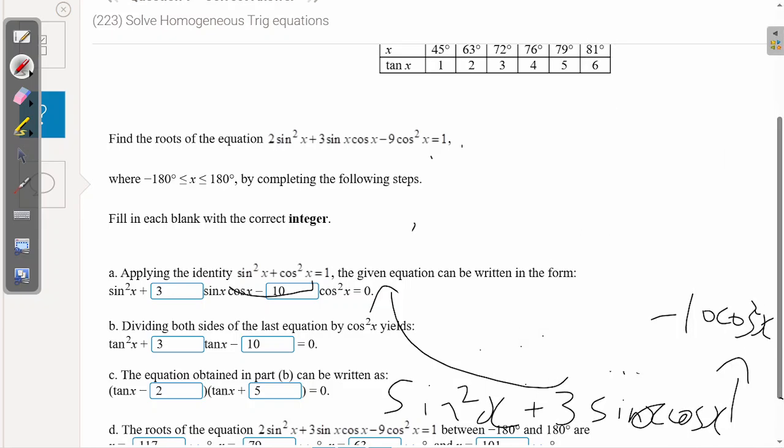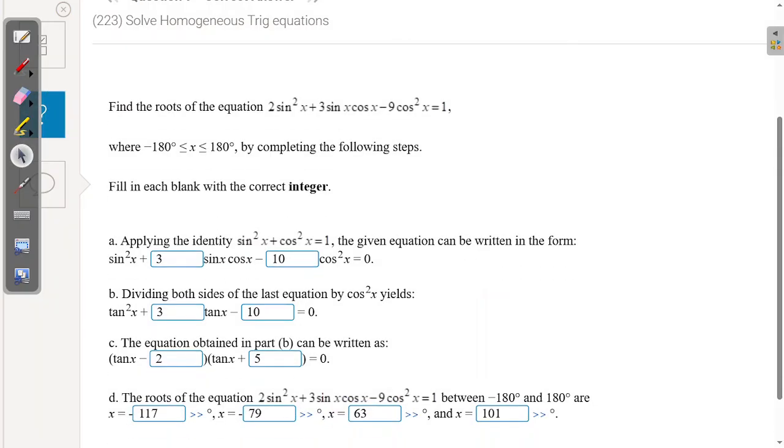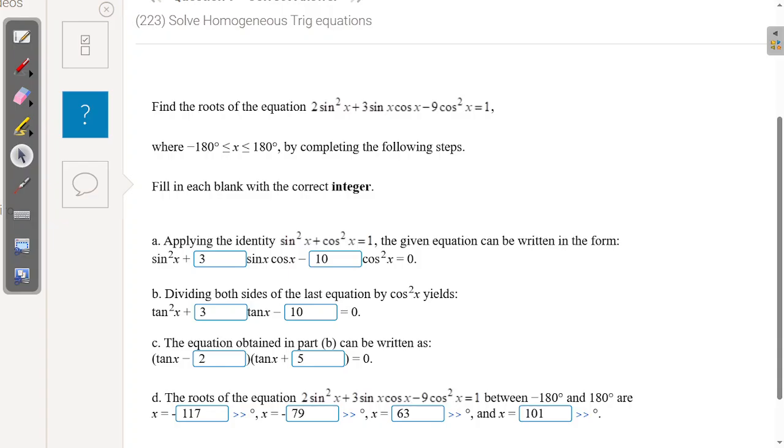Dividing both sides of the last equation by cosine squared yields what? Now sine squared over cosine squared is going to be tan squared. 3 sine x cosine x over cosine squared, you're going to find that this cosine cancels and removes one power, so sine over cosine is just tan, so it's going to become 3 tan x.